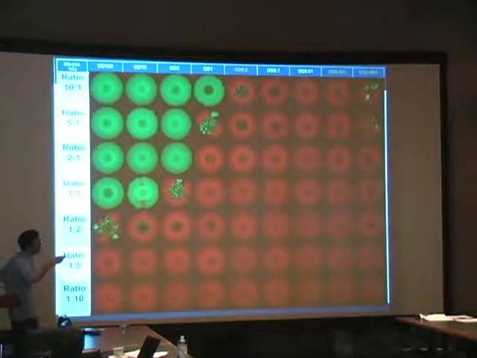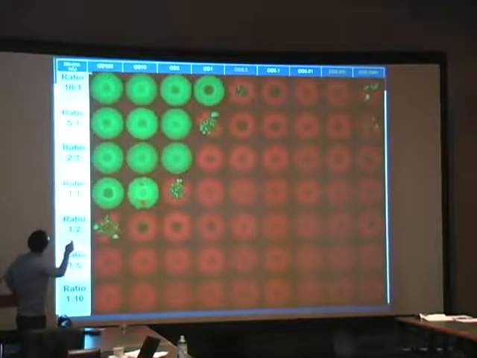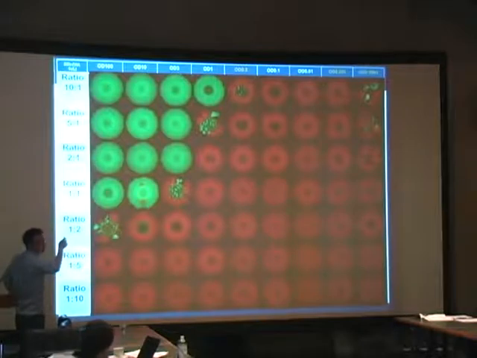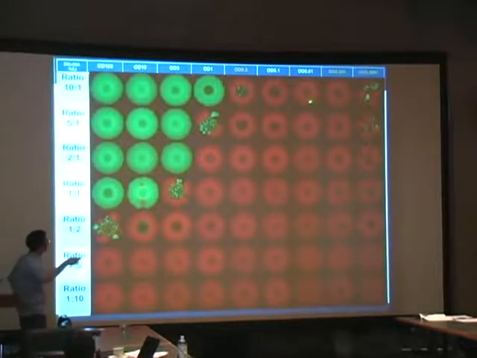And you can see here, we clearly see a phase separation of this population structure, where in the case of very high relative abundance of green, you see the CDI can survive. However, when you have very low initial density or more dominant red cells, you see the red cell could dominate.